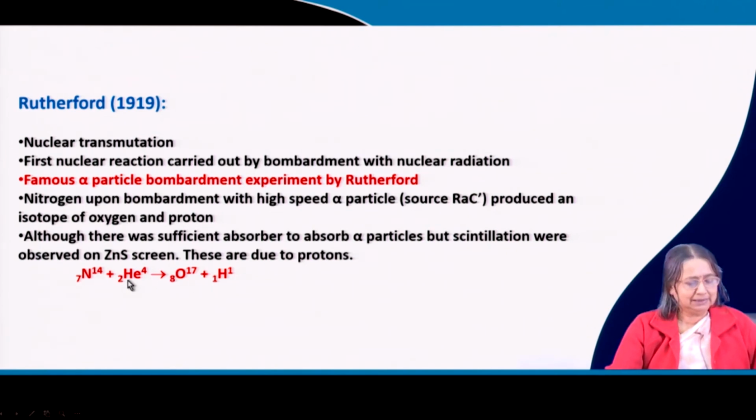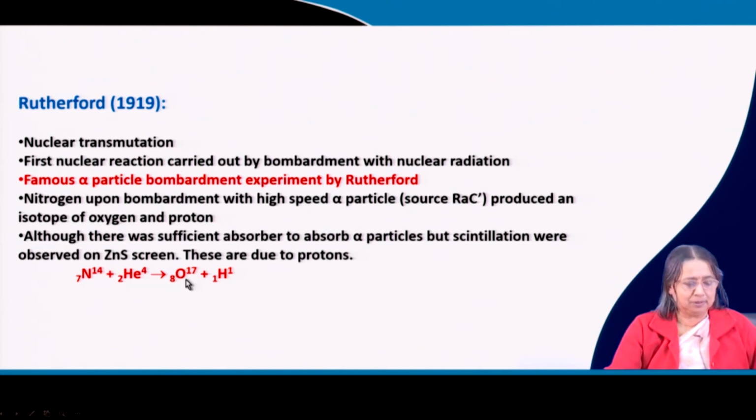Here it is shown nitrogen, the atomic mass number is 14 and atomic number is 7, and this is the alpha particle, 4 and 2. When this bombarded nitrogen, we get oxygen, an isotope; oxygen is 16 here, but it is 17.